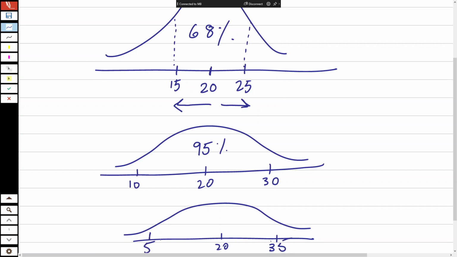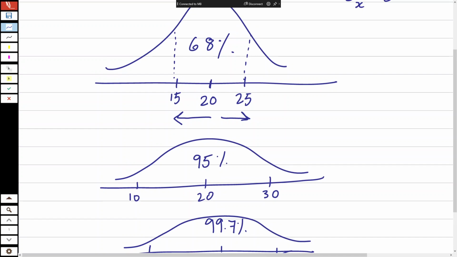So now, if I go from 5 to 35, it will be 99.7%. But there is nothing special about the numbers 20 and 5. I could have chosen any number. So if you give me any normal distribution, I will always get these 3 numbers, 68, 95, 99.7.